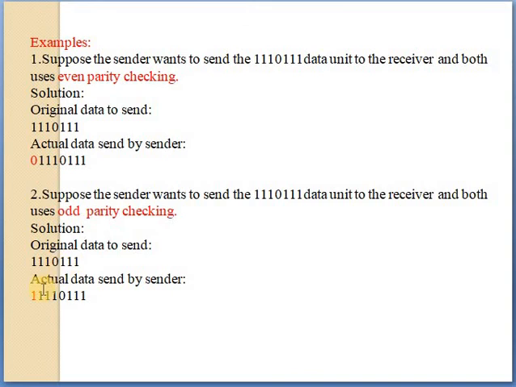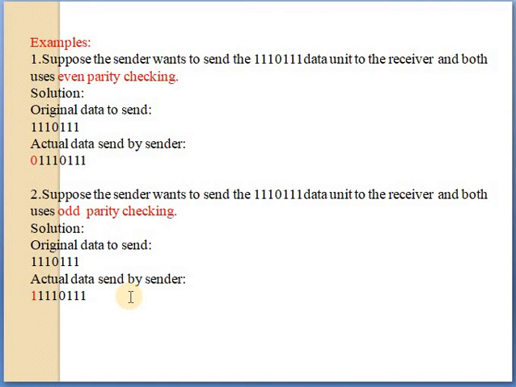The total number of ones in the data unit is 6, which is even, so the parity bit added to the end of the data unit will be 1, because the total number of ones must be odd in odd parity checking. So it maintains the odd parity of the data unit, and the actual data sent by the sender is 11110111. These are the examples of vertical redundancy check or parity check.